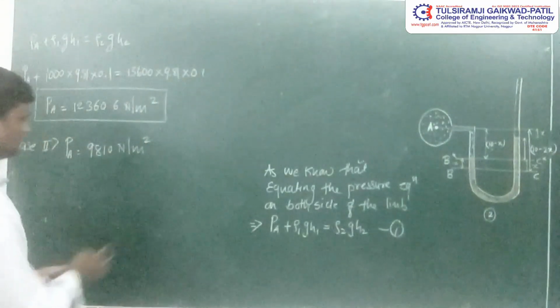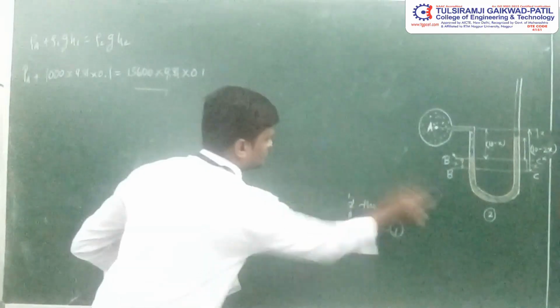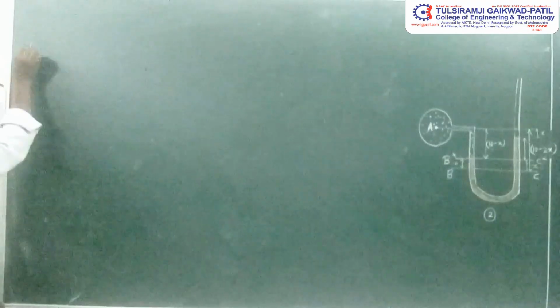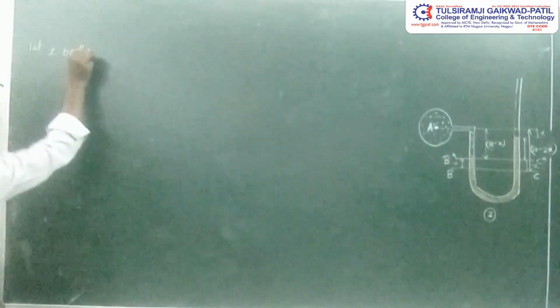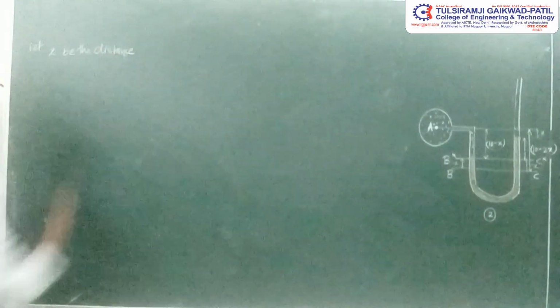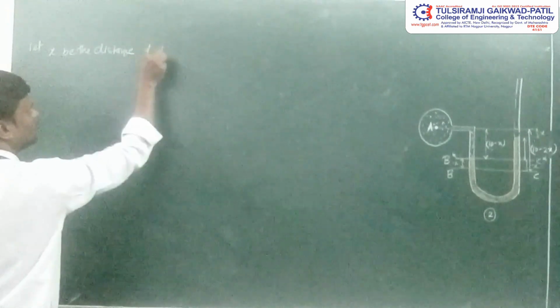So we have to again calculate the difference of the mercury level. Let x be the distance of the mercury level.